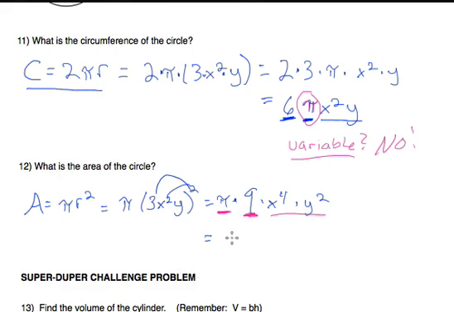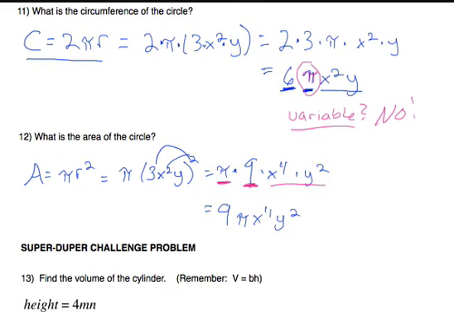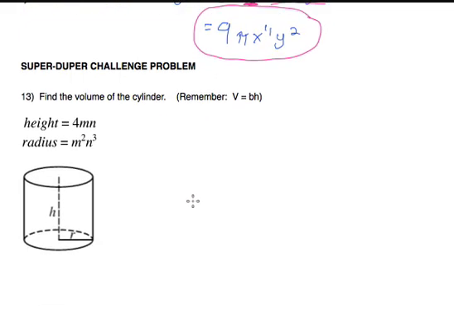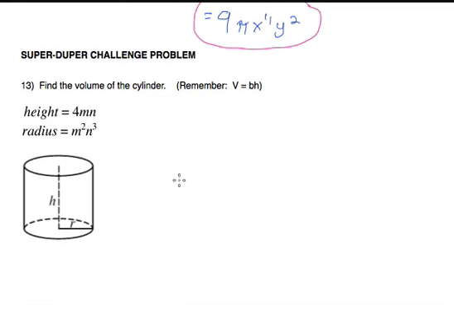So our answer is 9 pi x to the 4th, y to the 2nd. And there's your answer right there. Again, can you substitute values for x and y? Absolutely. Do I encourage you to do that? Yes.